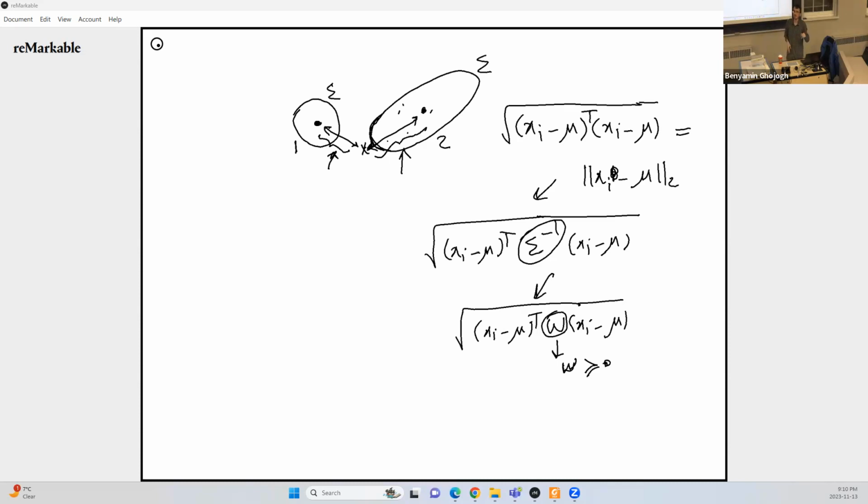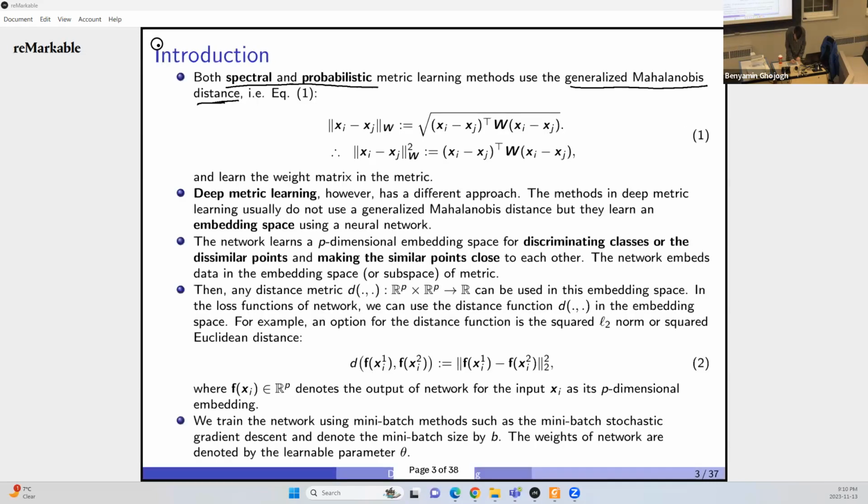For example, separation of classes, right? Or if we don't have classes, how do we push the similar points to each other and pull away the dissimilar points, right? So I'm saying that we can find this W using optimization. This is exactly what I defined: the generalized Mahalanobis distance, and its squared version is this, right?